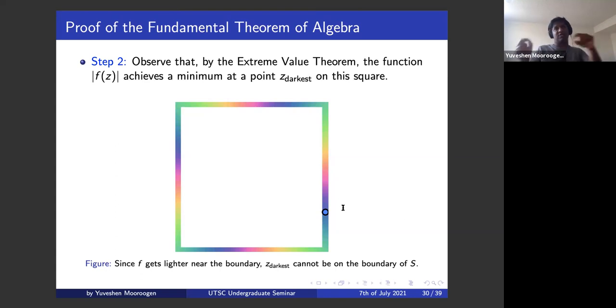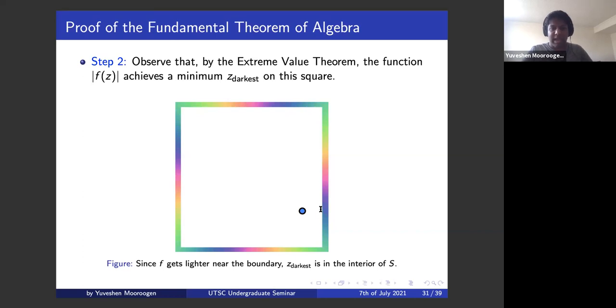So there's a darker point inside, so the darkest point can't be on the boundary, because there's a darker point right there. So my darkest point has to be somewhere inside the square and not on the boundary. And that's going to be important.